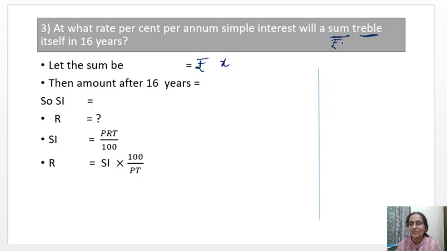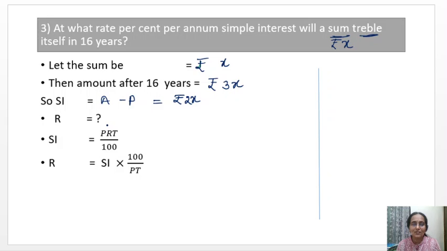Treble itself means it will become 3 times the original amount, that is rupees 3x. Time is 16 years. What is the simple interest? The amount you know, principal you know. Amount minus the principal is the simple interest. That is rupees 3x minus x, which is rupees 2x, the simple interest for 16 years.